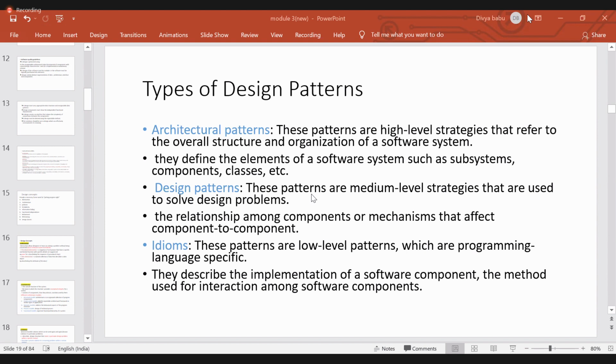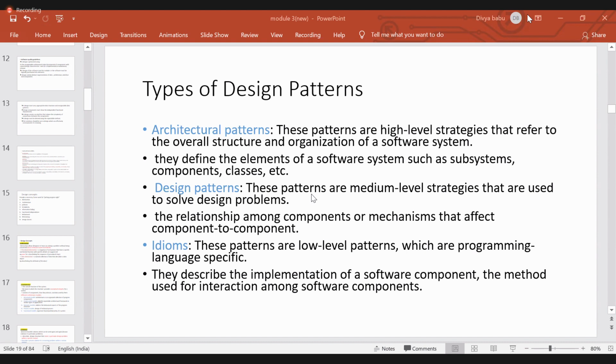In the component diagram, actually, the first one is deployment, then component. With the component diagram you will get an idea about what the components are and how they are communicating with each other, right? Then coming to the idioms, idioms are the lower level pattern, which are programming language specific.